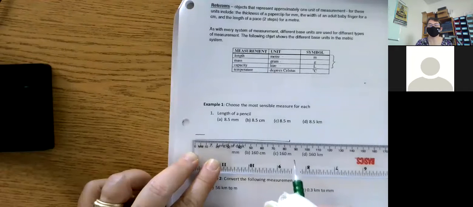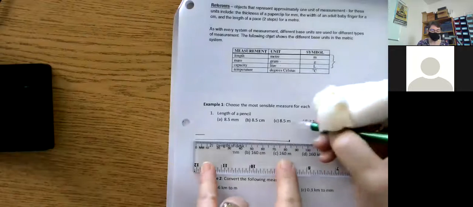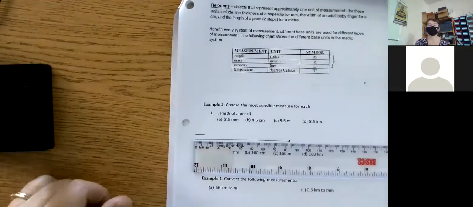Now, this is a wonky ruler, because it goes by millimeters. Most rulers will go by centimeters. 8.5 meters, Corey, do you know how long that would be? 85 millimeters, 8.5 centimeters, but we went to 8.5 meters, that's like down the hallway. So that's no good.